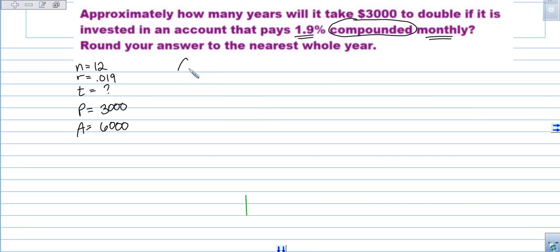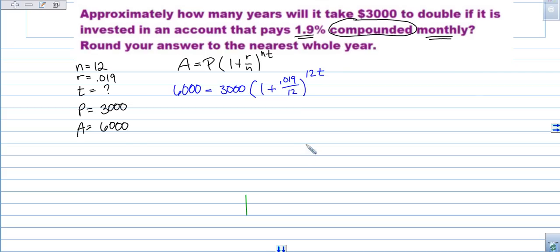Okay, so A equals P times 1 plus R over N to the NT. Okay, and we get 6,000 equals 3,000 times 1 plus the 0.019 over the 12 raised to the 12t.